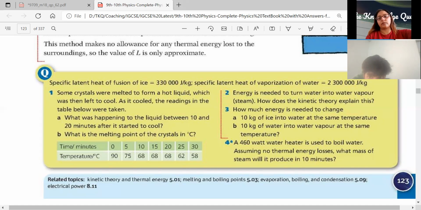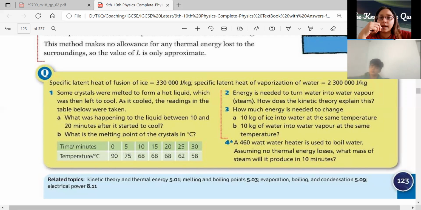A 460-watt water heater is used to boil water, assuming no thermal energy losses. What mass of steam will it produce in 10 minutes? Okay. Time should be in minutes or seconds or hours?